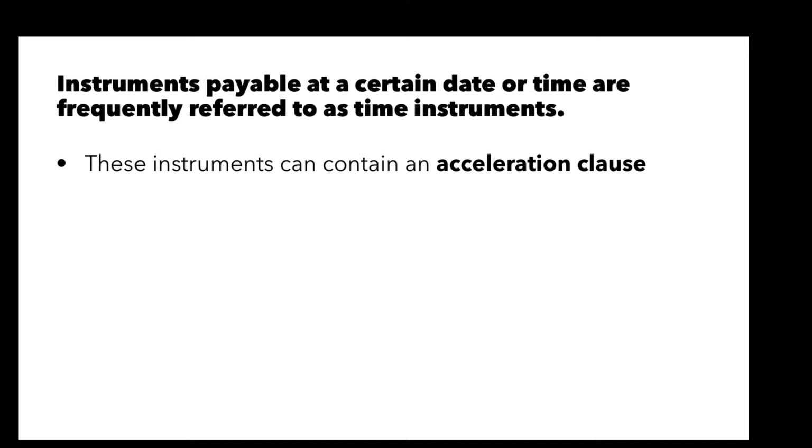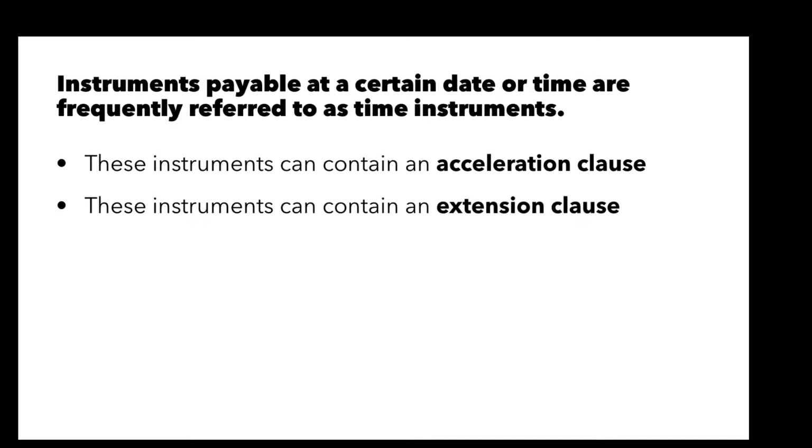The acceleration clause would permit the payee or any other holder of a time instrument to demand payment of the entire amount or balance due. This often occurs when a default in an installment payment is made. The acceleration clause will immediately make the entire amount of the note collectible.